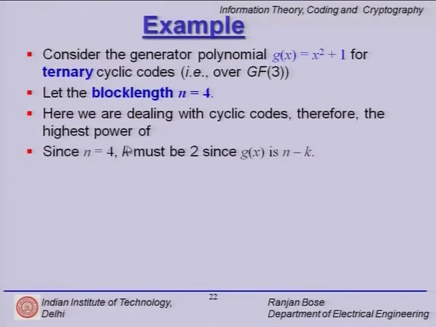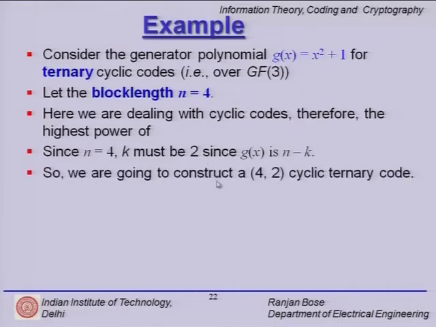So, we have cyclic codes here, n is equal to 4, k must be 2, because the degree of g of x is n minus k. So, n minus k is 2, n is 4, so k must indeed be 2. So, what we are trying to look at is a 4,2 cyclic ternary code. Okay?